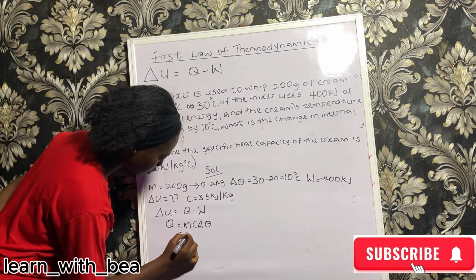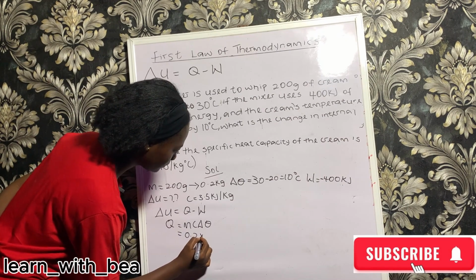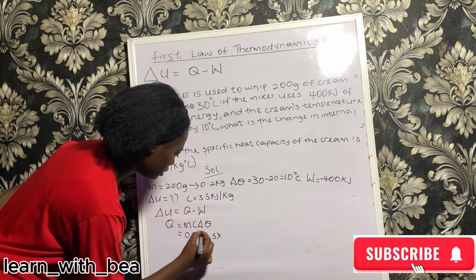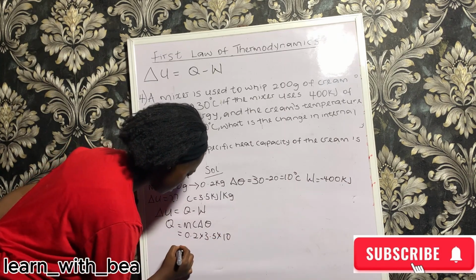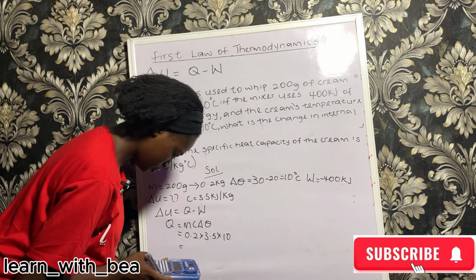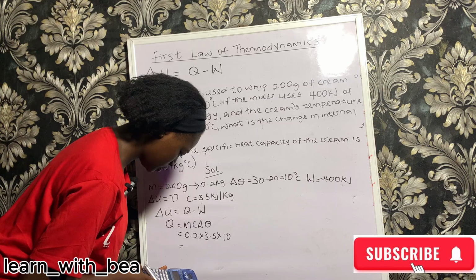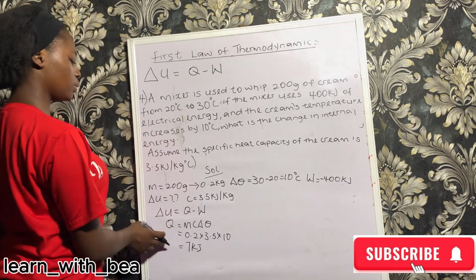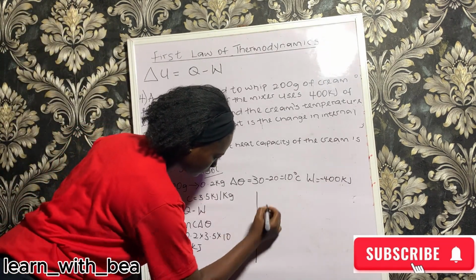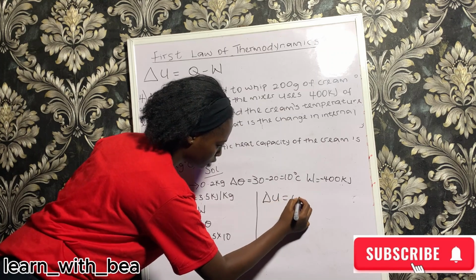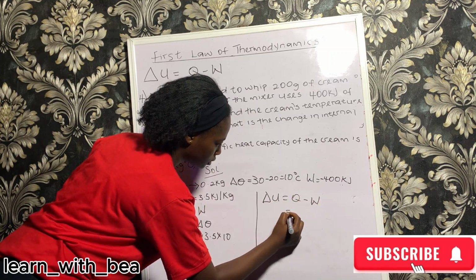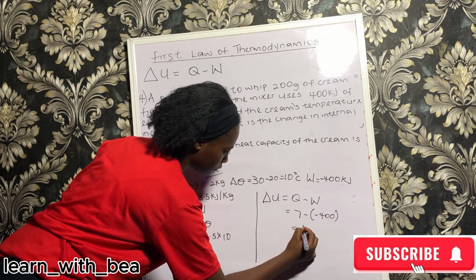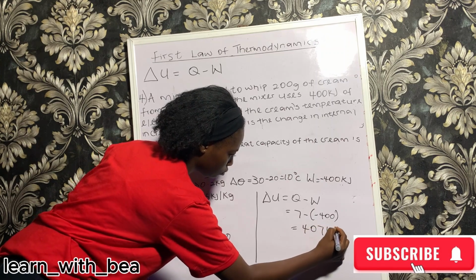So we have 0.2. What's the c? 3.5. And what's the change in theta? 10. So this is 0.2 times 3.5 times 10, which is 7 kilojoule. Since we have our Q and our W now, we can calculate our change in U is Q minus W, which is 7 minus negative 400, which is 407 kilojoule.